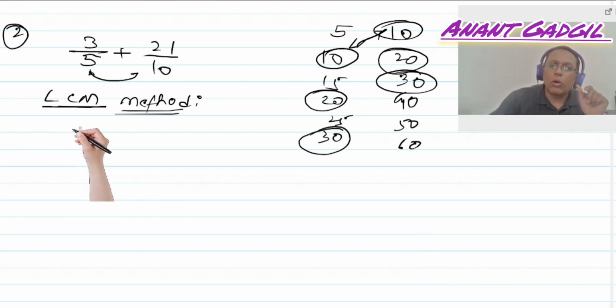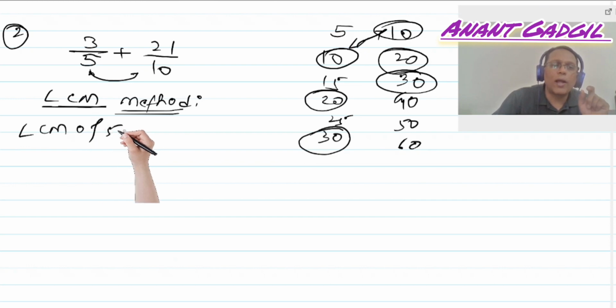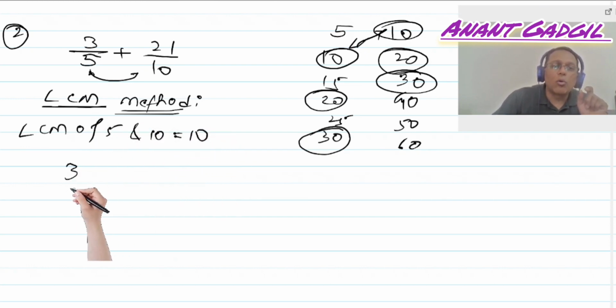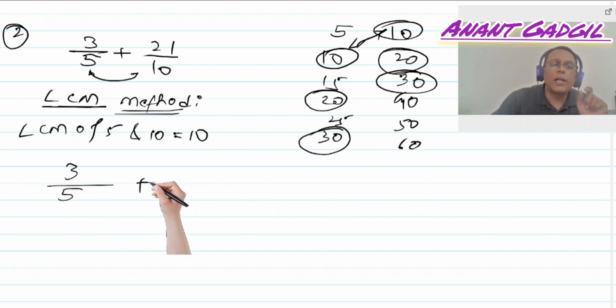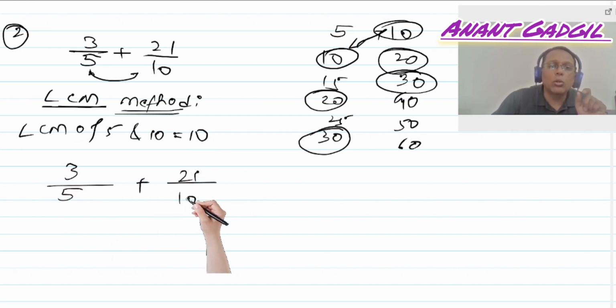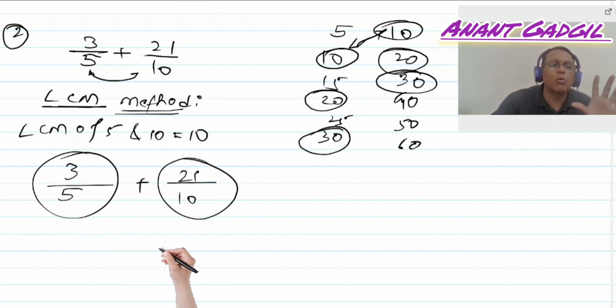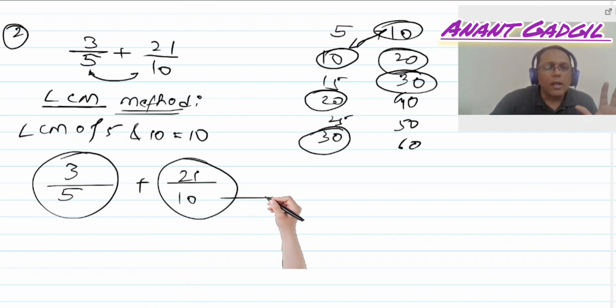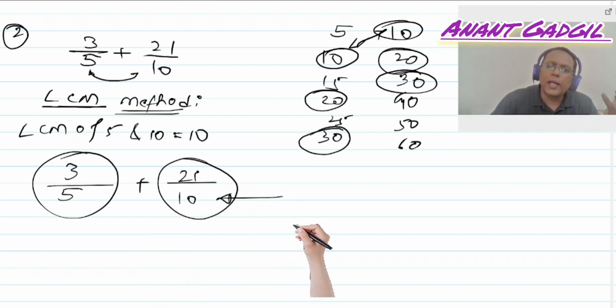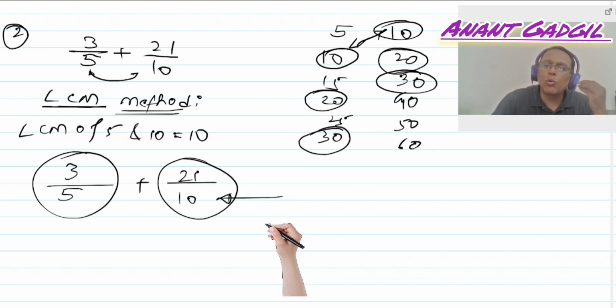So what we have to do now, we know that the LCM of 5 and 10 is 10. So we are going to make the denominator 10 for both the fractions. But it's already 10 in the second fraction, so we don't have to do anything with it.